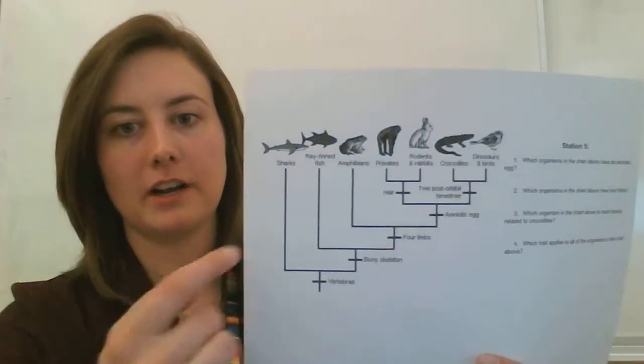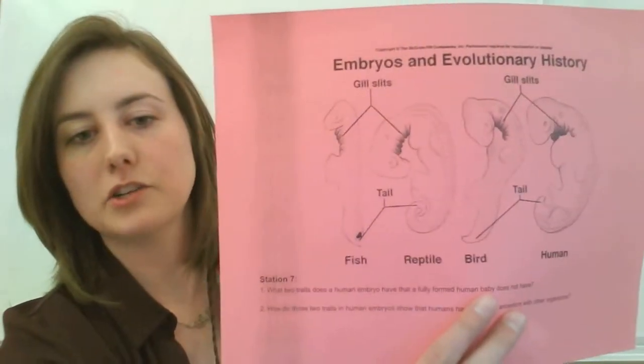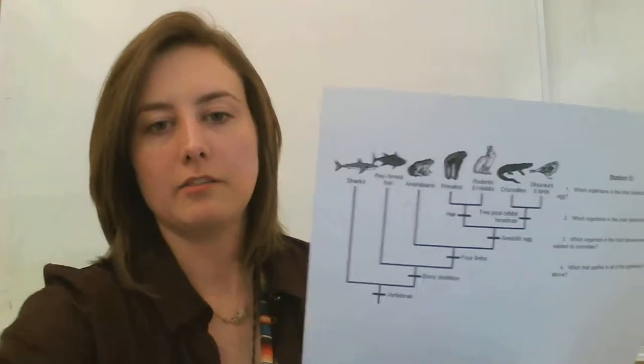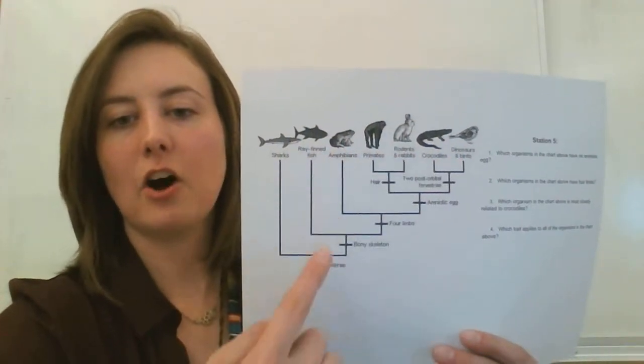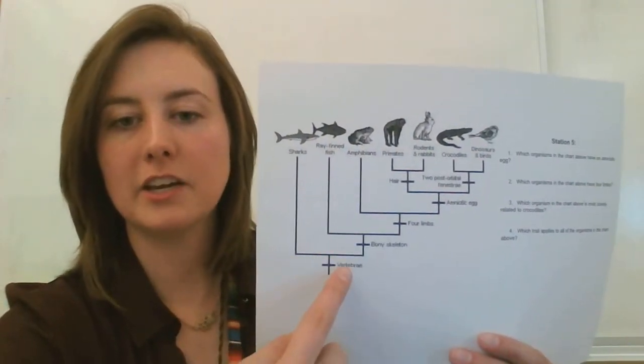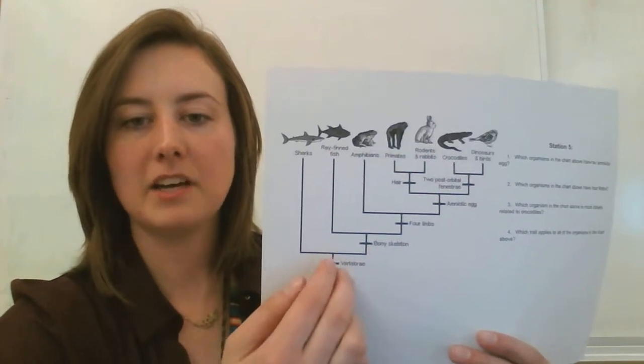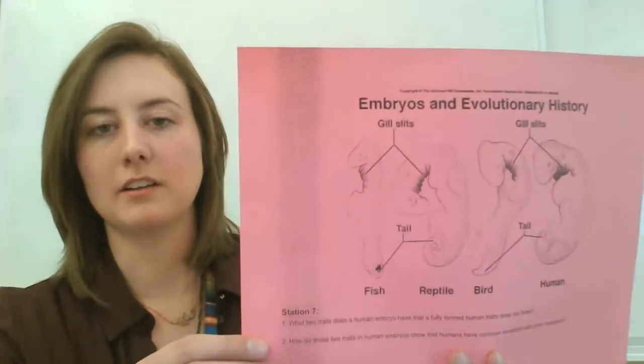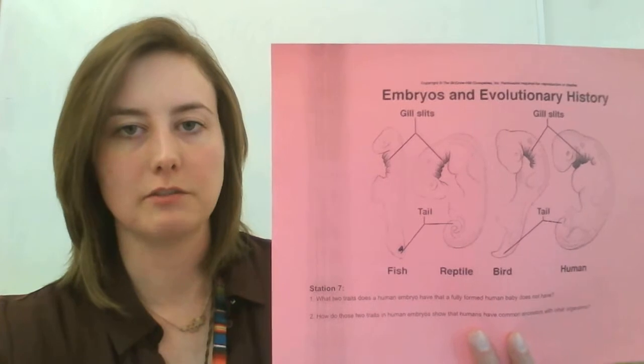And I know these are different animals, but let's say that the fish, the reptile, the bird, and the human were all up here on the cladogram, they all have a common ancestor back here somewhere, right? And because of that, they have similarities as embryos, even though once they develop, they've got a lot of differences, right? So embryos are more evidence for evolution, okay?